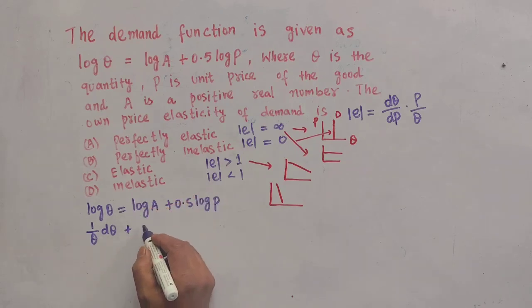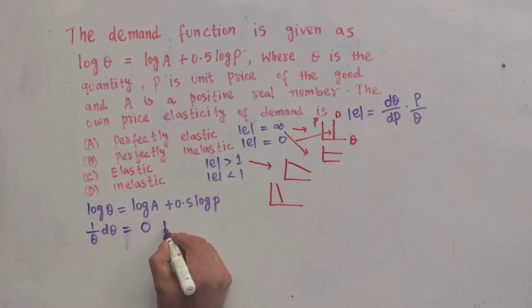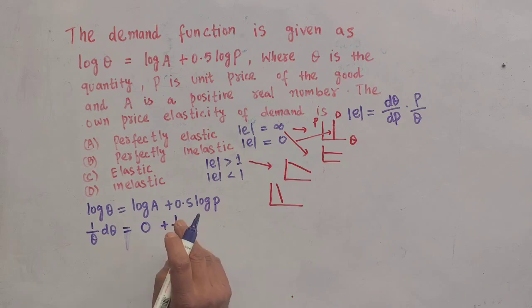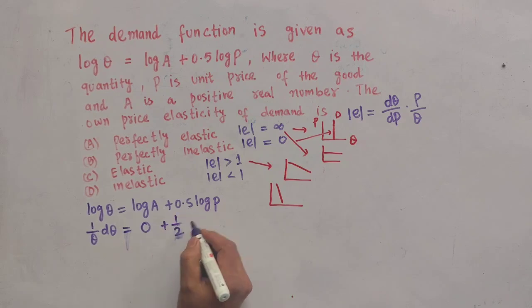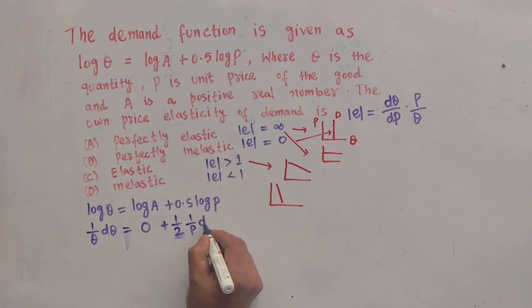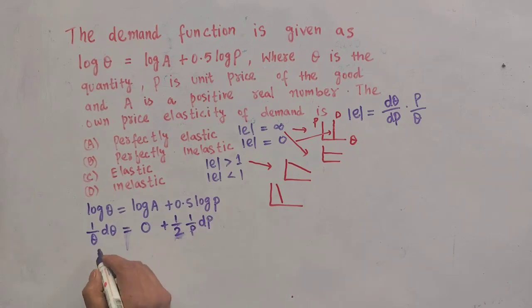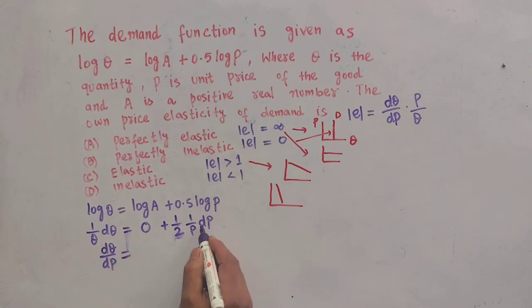Since it is a constant term, its derivative will be equal to 0, plus 0.5, let's write it as 1 upon 2, times the derivative of log of p, which is 1 upon p times dp. Let's transpose this dp here.